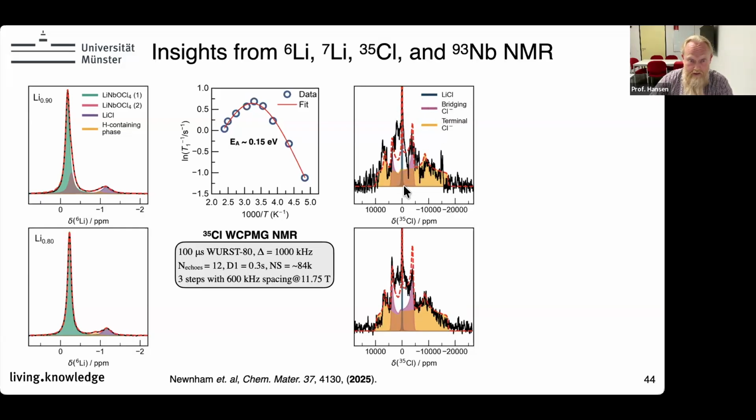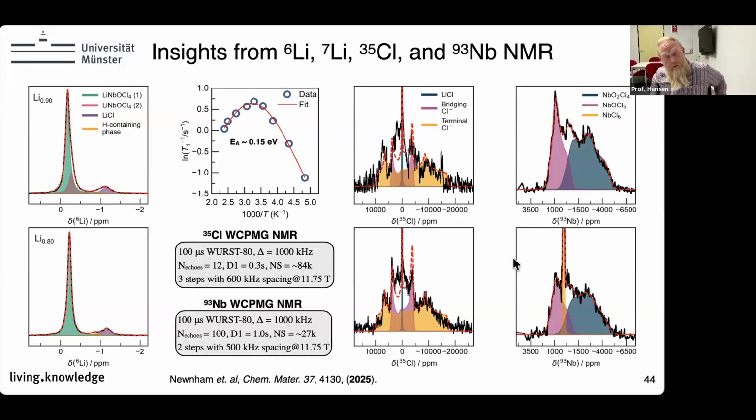This is the sharp signal in green in the middle. And you can see in yellow the terminal chlorine, so the 4 chlorine in the octahedra. And if you have chlorine going into the bridging position where oxygen was, you would see a signal for this with a somewhat smaller quadrupolar coupling.